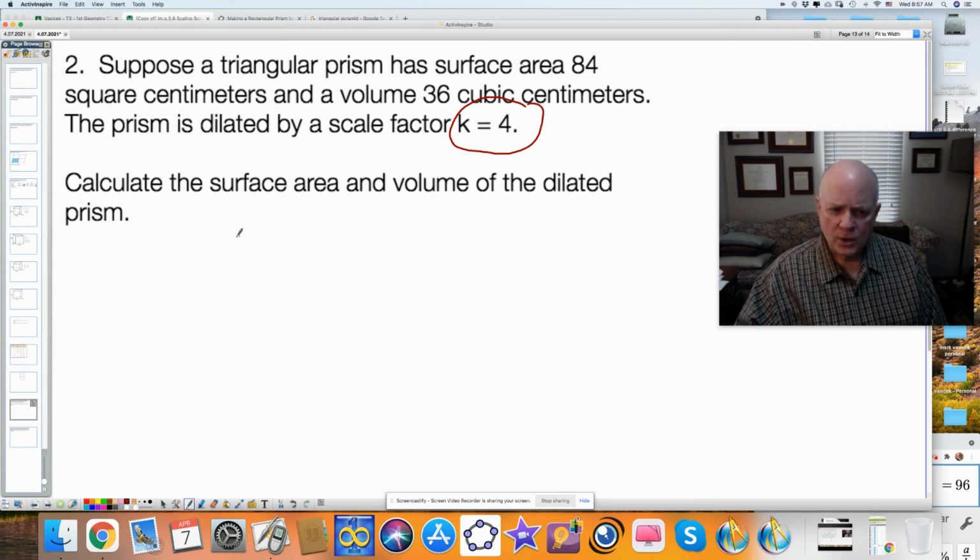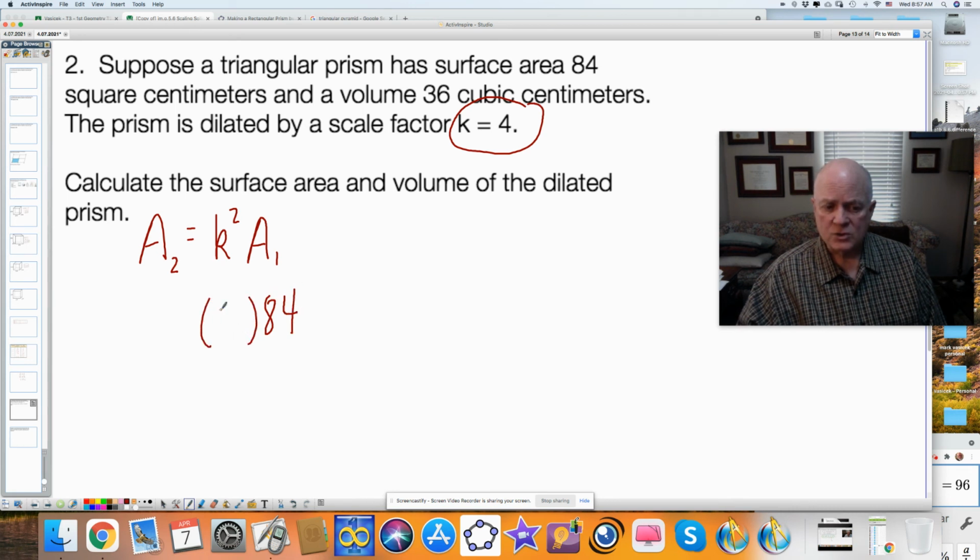Well, we know that this works for surface area as well. If I know the surface area, it's going to be proportional to k squared. So I can substitute the values: 84 times 4 squared. This will give me a number in units of centimeters squared.